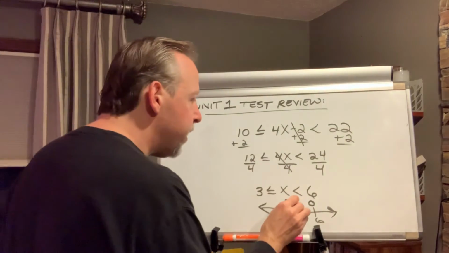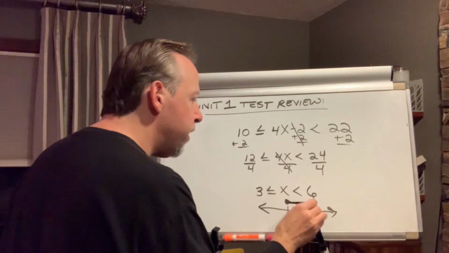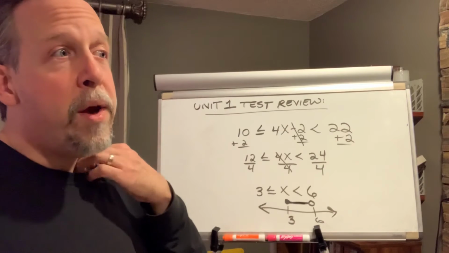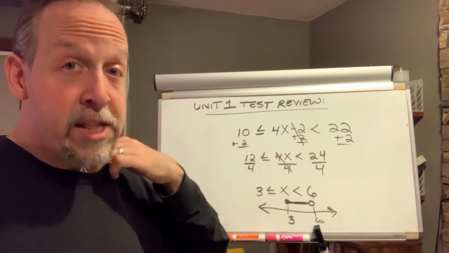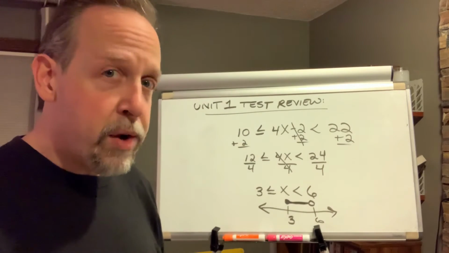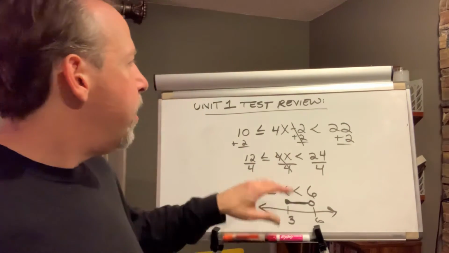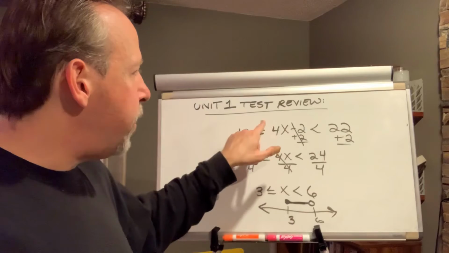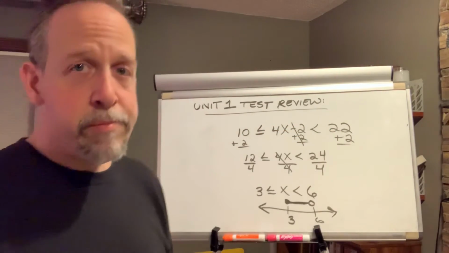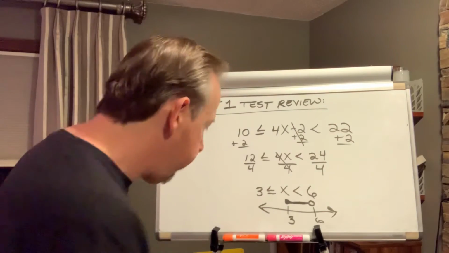It's going to connect those two dots. No arrowheads required. That's the solution to that one. When you get a solution that connects like that, it's called an intersection. Also could have used the word and, because 4x minus 2 was greater than or equal to 10 and less than 22.